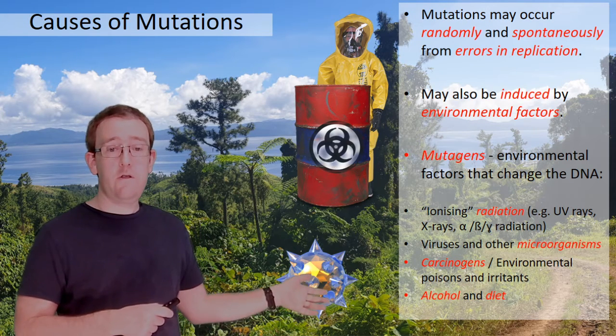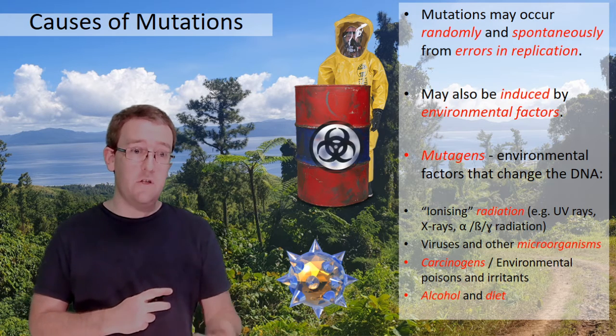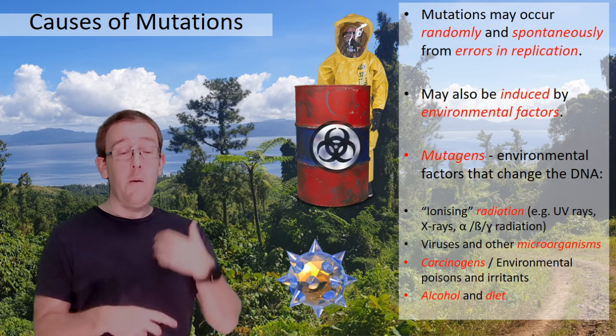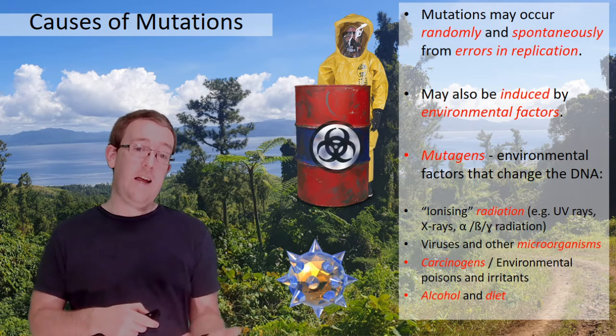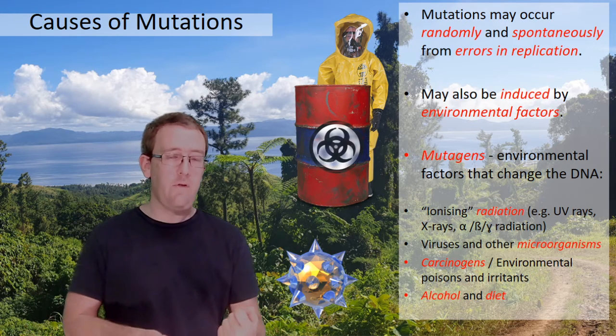You've got carcinogens, things like asbestos and various other environmental poisons and irritants that can cause cancer. That's how it's reported, but they have the energy to alter DNA and cause mutation. And then alcohol and diet, of course, are lifestyle things that we all do.